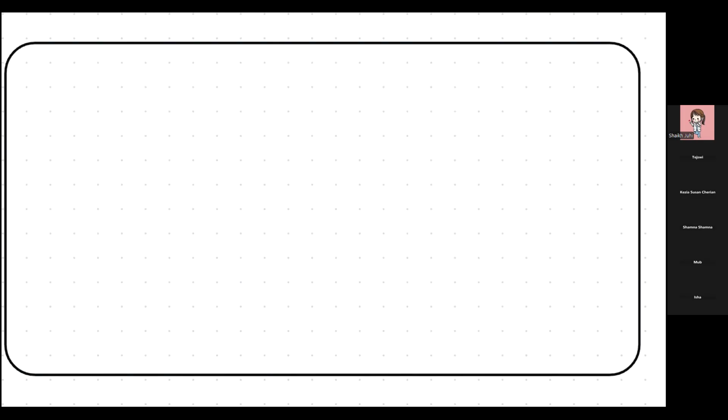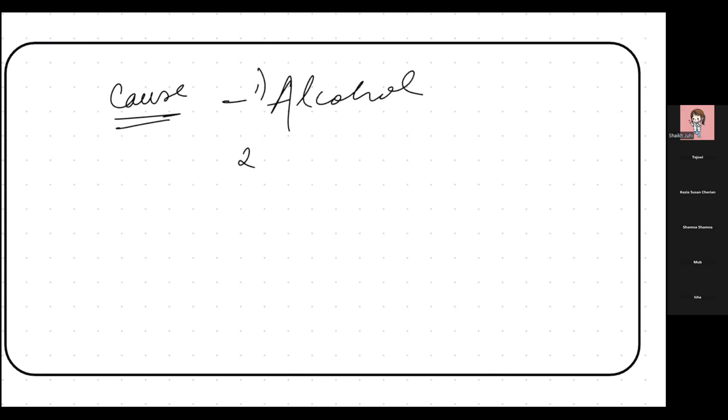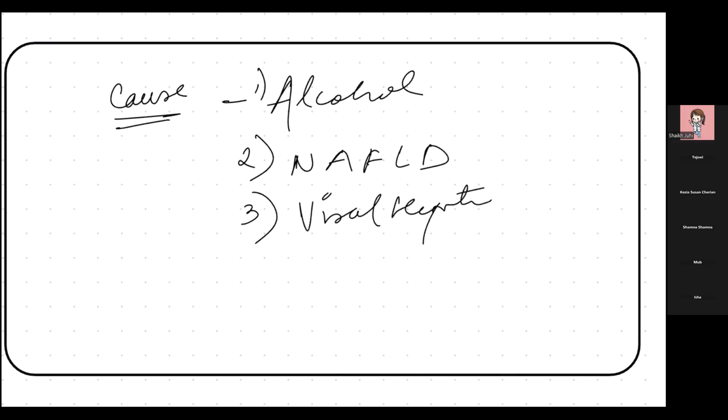So the causes of liver cirrhosis can be alcohol, the major one. Also non-alcoholic fatty liver disease, as well as viral hepatitis. Autoimmune hepatitis can be one of the reasons, as well as the biliary diseases.